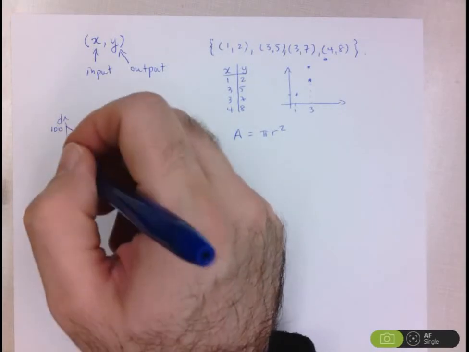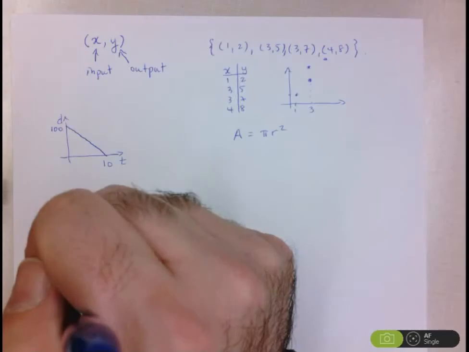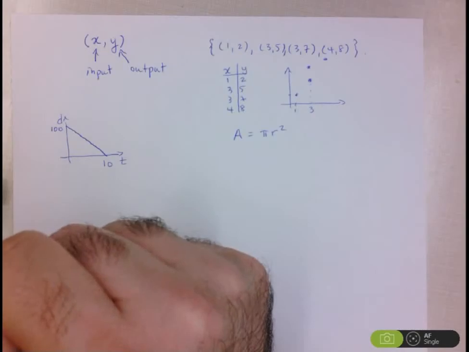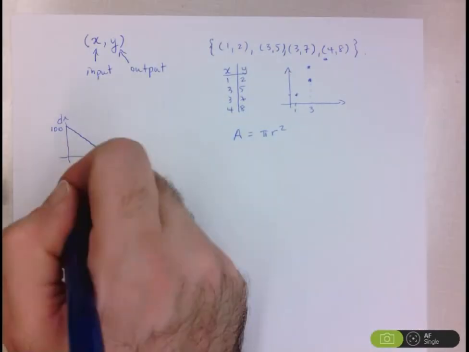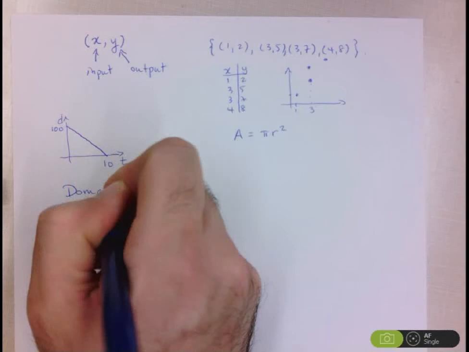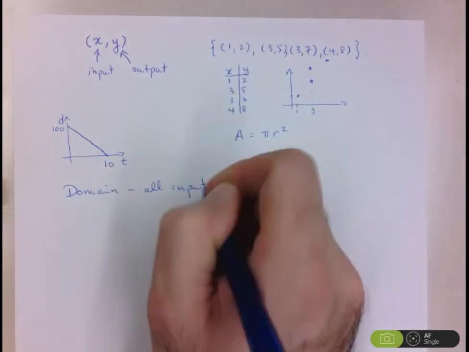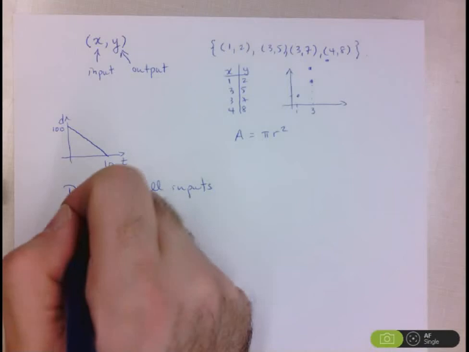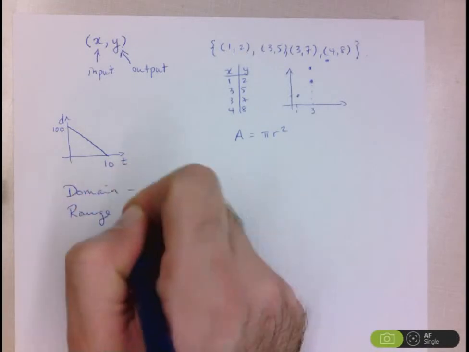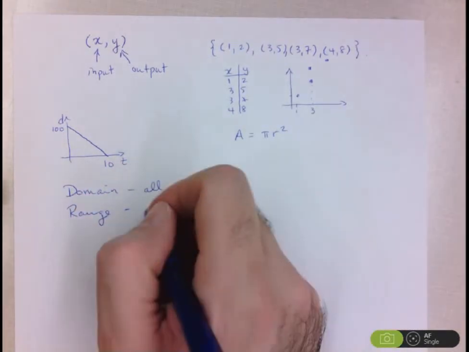So I can't have an output that's less than 0 or greater than 100 for this particular scenario. This is what we call the domain and range. The domain is the set of all inputs, and the range is the set of all outputs.